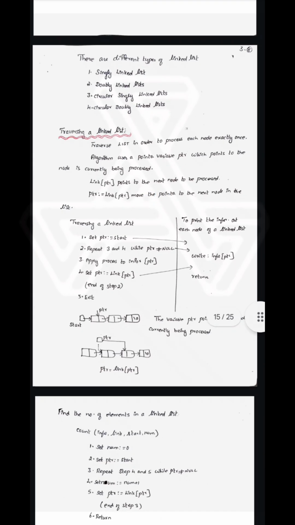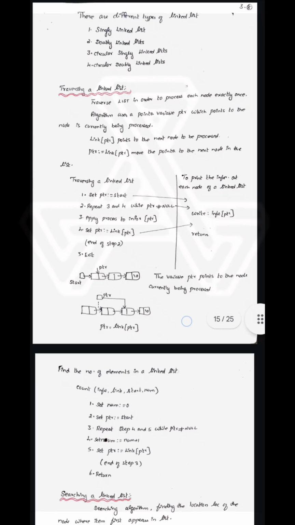Traversing of the linked list. Traverse the list in order to process each node exactly once. The algorithm uses a pointer variable PTR which points to the node currently being processed. Link of PTR points to the next node to be processed. PTR equals link of PTR moves the pointer to the next node in the list.